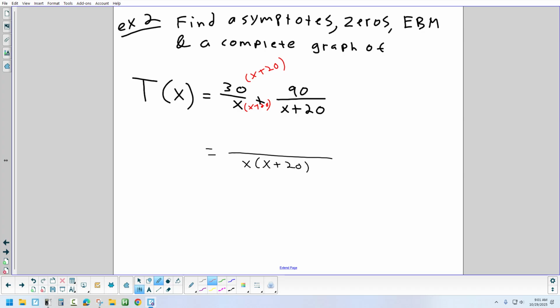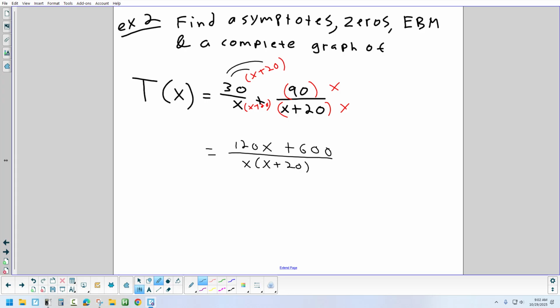Just X. Okay, so we already got the common denominator, x(x plus 20), written. My numerator is going to be 30(x plus 20) plus 90x. That's going to give you 120x plus 600, because remember, that has to be distributed and then combined with 90x.